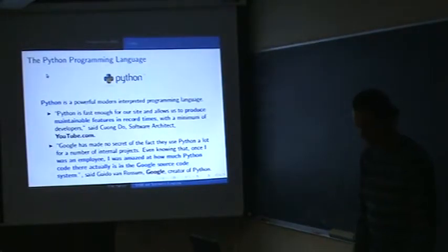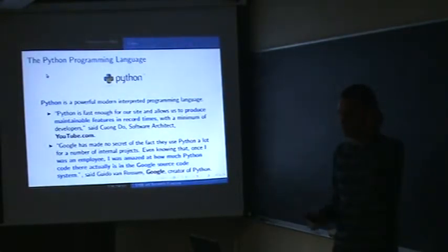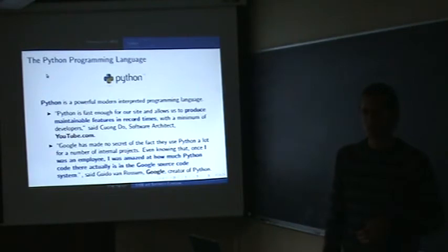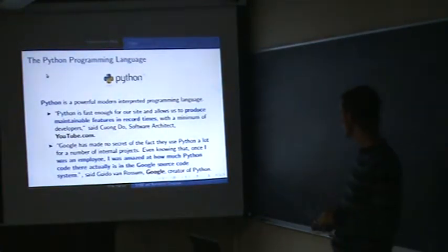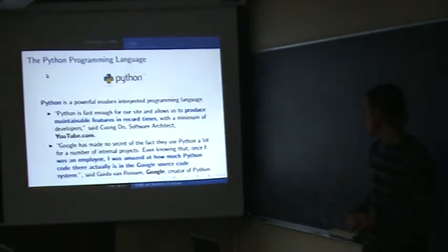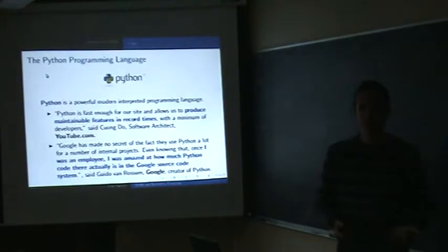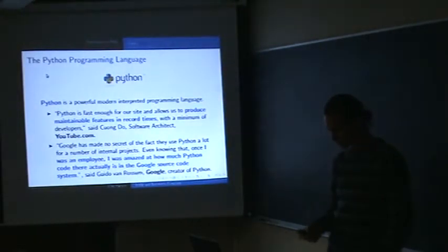I think one of the nicest things about Sage is that it uses the Python programming language to use it or to write new algorithms in it. Python is a modern interpreted programming language. Here are two quotes, one from a software architect from Google, and one from Guido van Rossum, who is at Google and is the creator of Python.